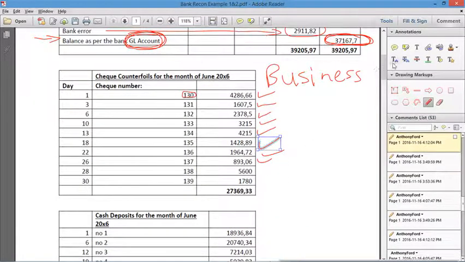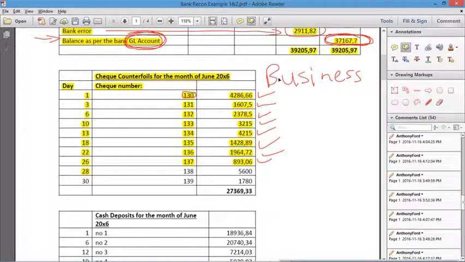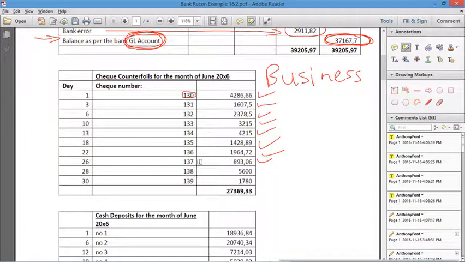Are they reflecting? No. So what are these amounts then? They are outstanding checks, no? Yes. Why? Because they haven't reflected in the account. Correct. Okay, so who made the mistake? Us.